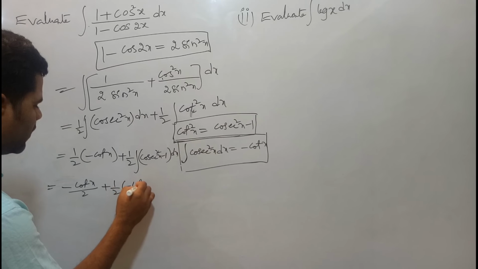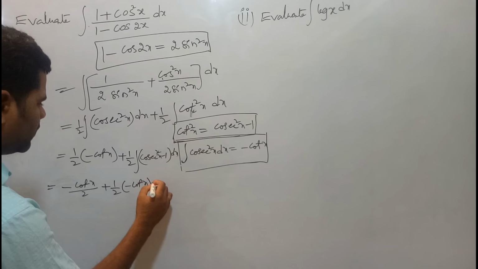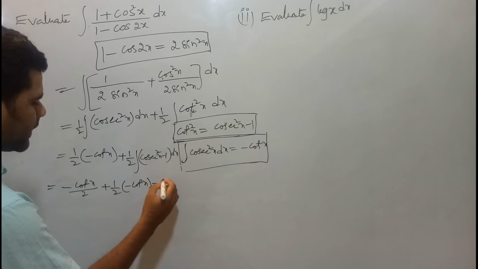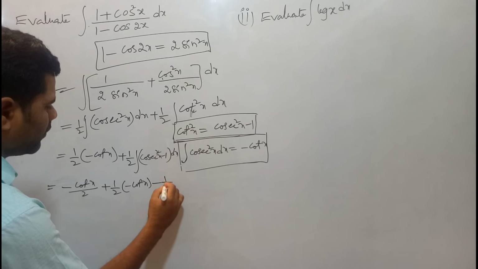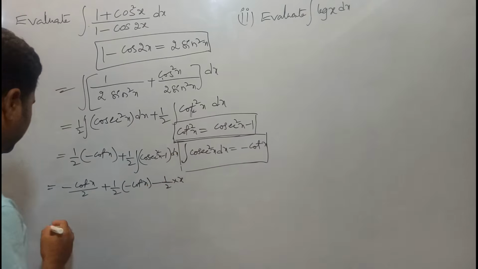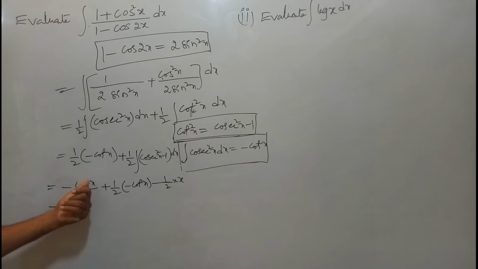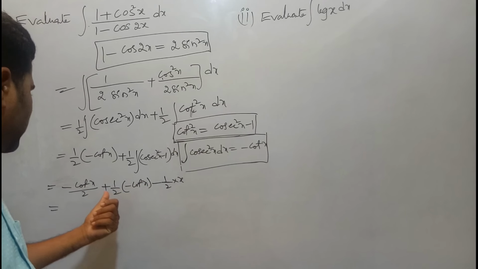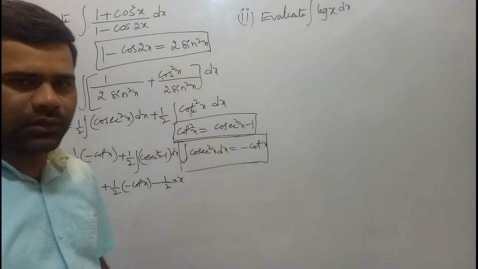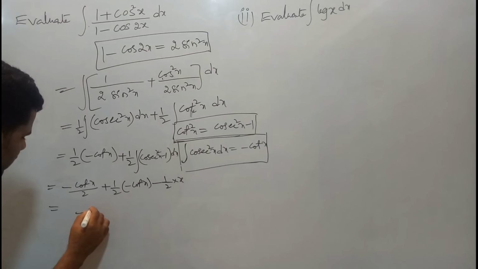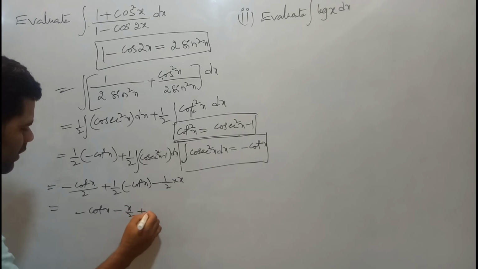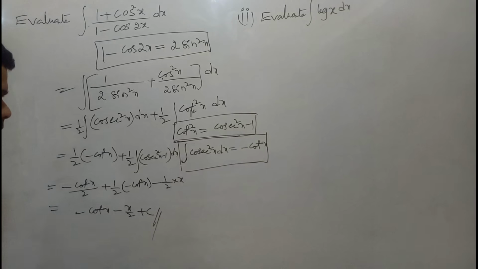So minus cot x, minus integral 1 into dx is x, so half into x. So minus 1 by 2 cot x minus 1 by 2 cot x, that is equal to minus cot x. So minus cot x minus x by 2 plus c is the answer.